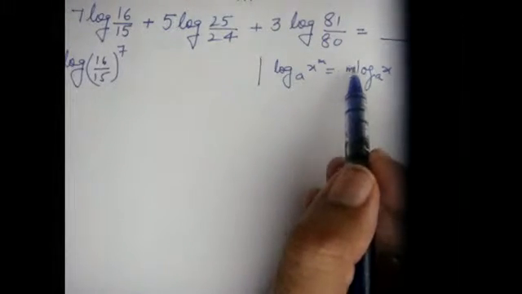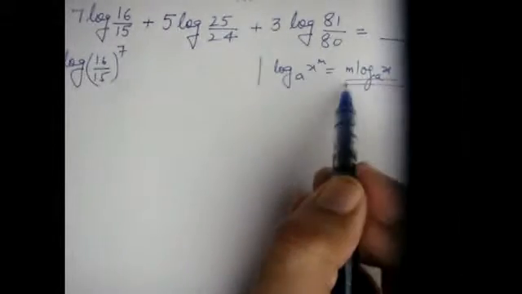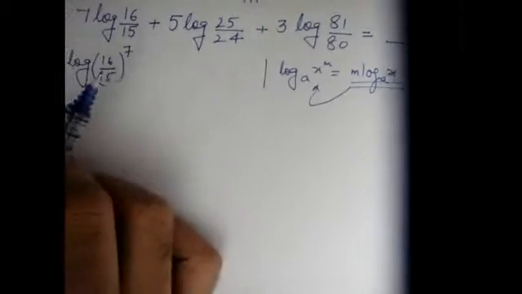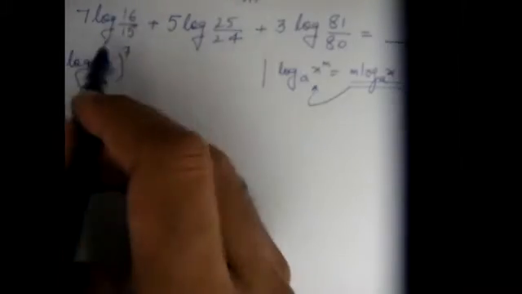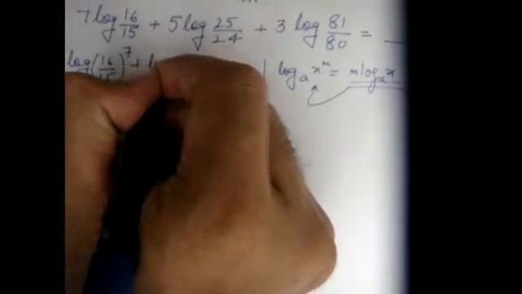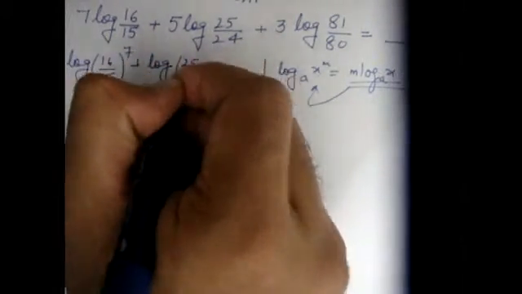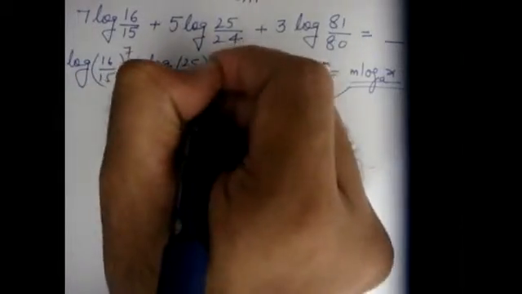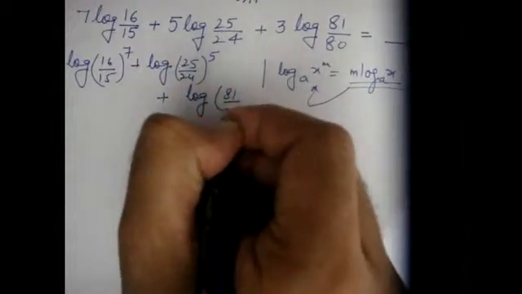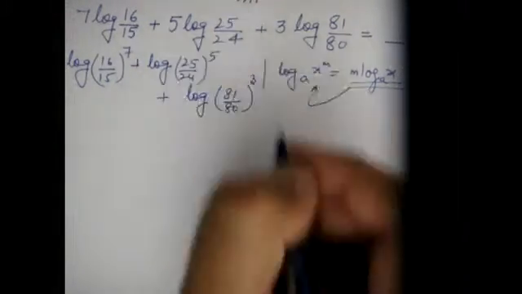So we can reverse it also. By that property itself, we have taken that 7 into the power of 16/15, plus log (25/24) to the power 5, and the last expression will turn out to be log (81/80) whole to the power 3.